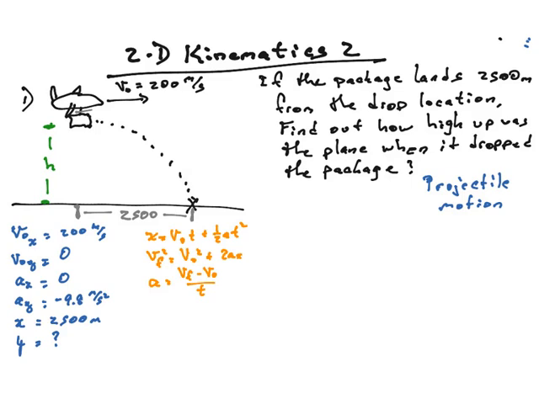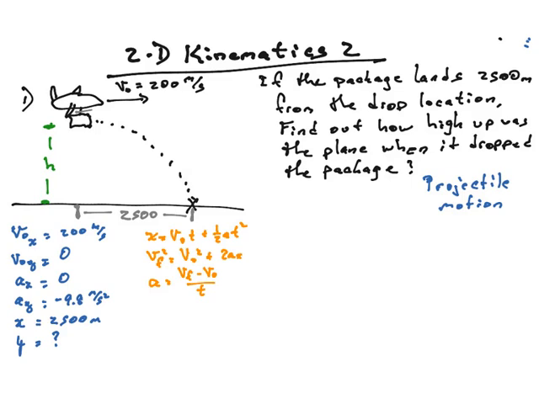For instance, let's say I wanted to use this first equation. I just figured out I can't use it because I don't know the time. Well, all that really tells me is you don't know the time, but if you had the time, you'd be able to solve it. Can I figure out the time? Well, I can't figure it out in y. That's the problem.